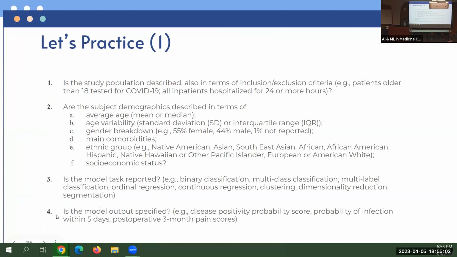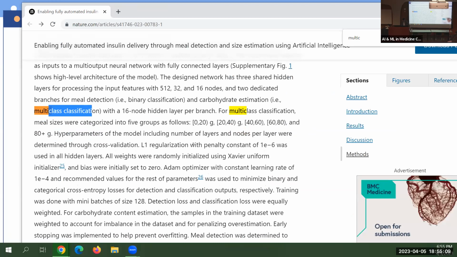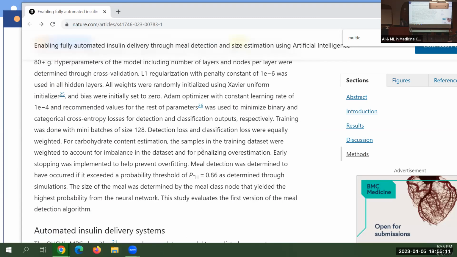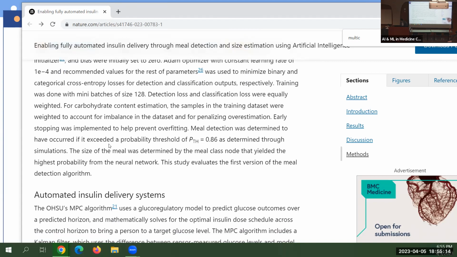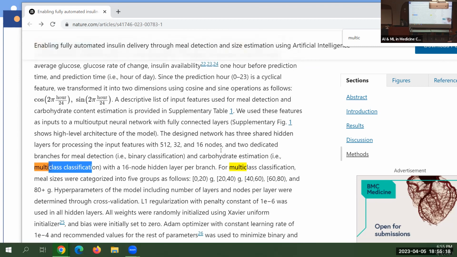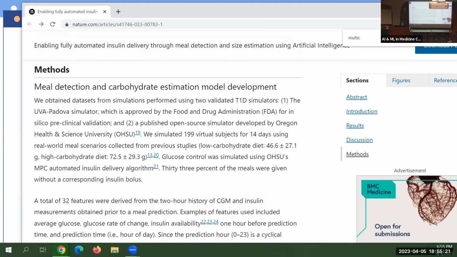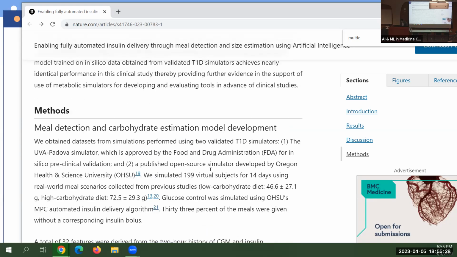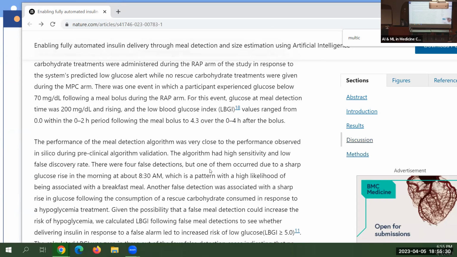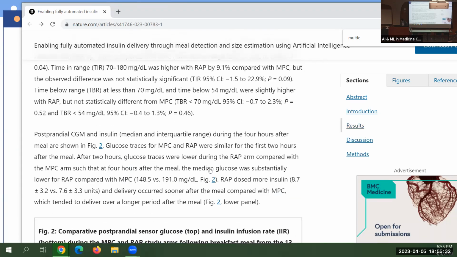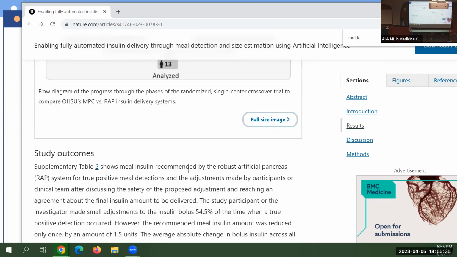And then the last question for this paper I have is, is the model output specified? Did you find this? I believe they said it somewhere. I think I found this when I first looked at the paper. Study outcomes.